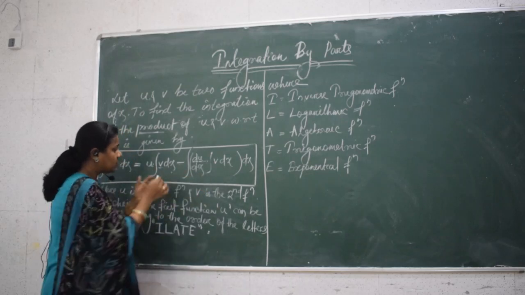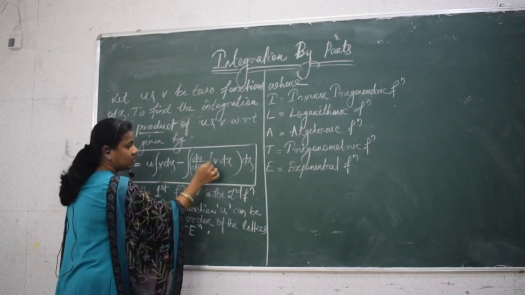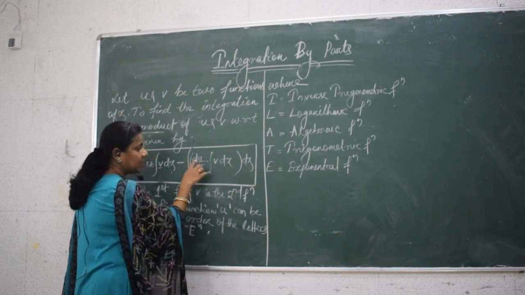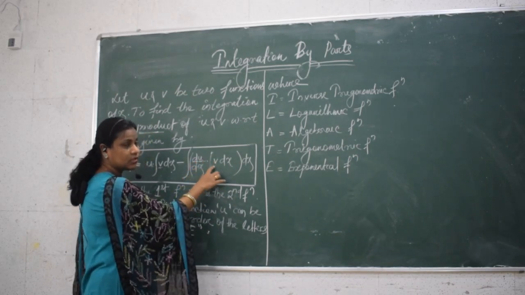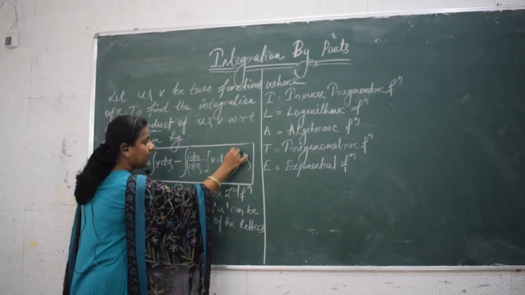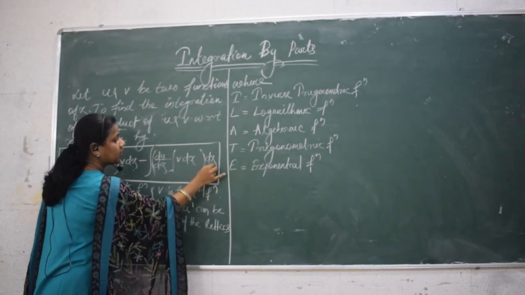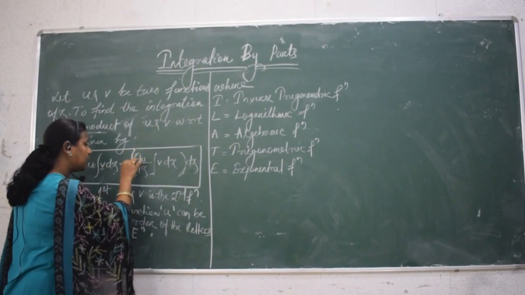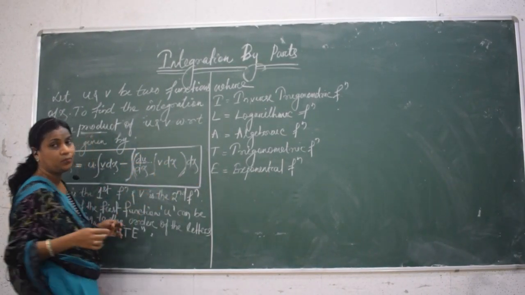Here we are always taking the integration of the second function. Then the product of the derivative of the first function and the integration of the second function, we again have to integrate with respect to x. That's why I am putting the bracket here and the whole integration with respect to x.